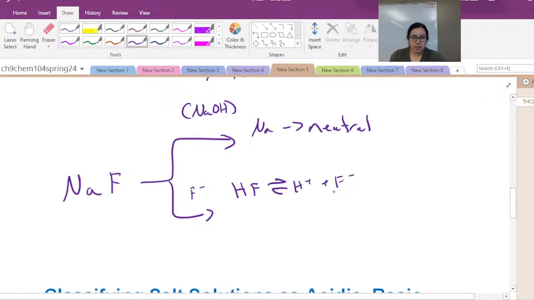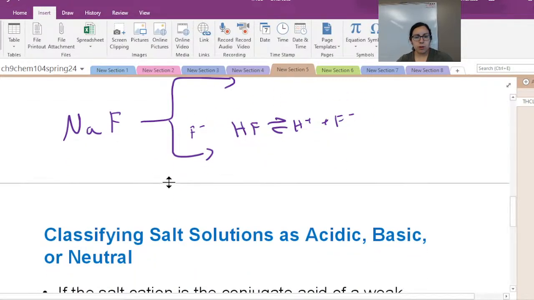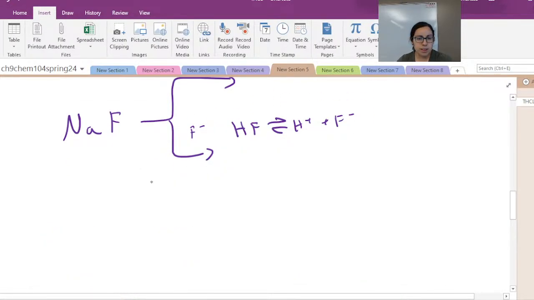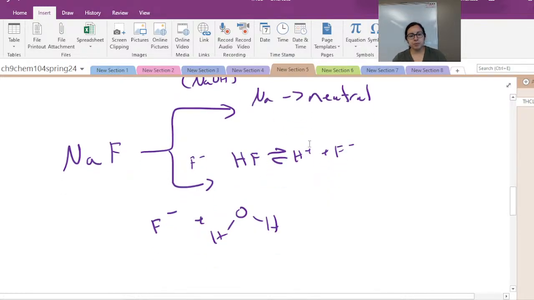But then what is that telling us about the fluoride? Let's analyze this before we jump to the words. We can have some equilibrium, but we have to treat fluoride just with water. Let's say we've added sodium fluoride to our water. We already determined our sodium's neutral, so sodium's just floating around in solution.